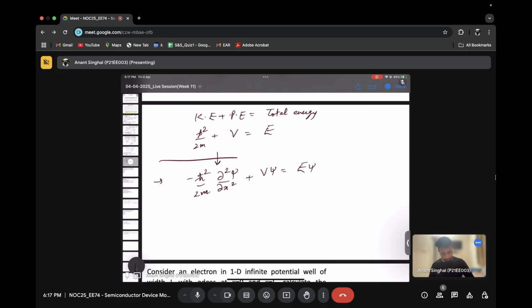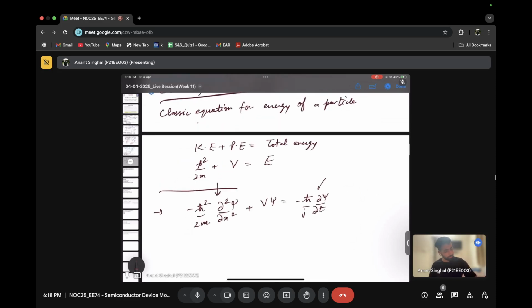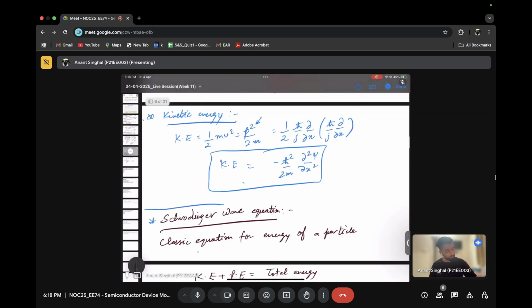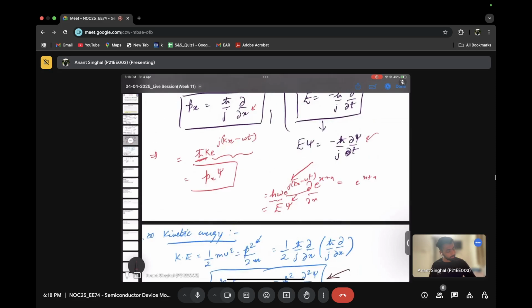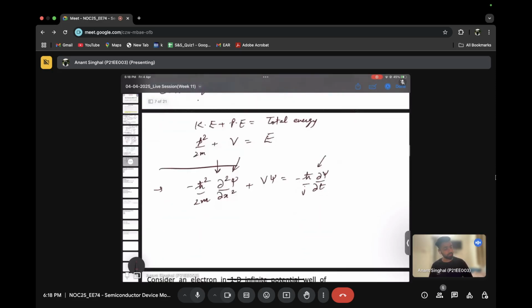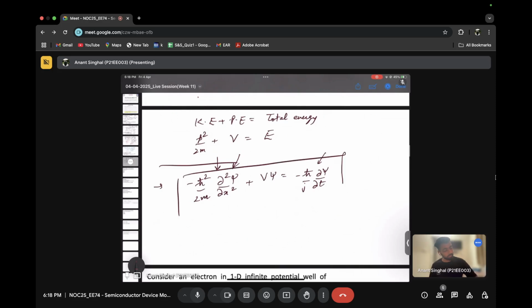The energy operator was minus ħ by j d psi by dt. So this is the kinetic energy operator, and this is the energy operator, as I wrote here.